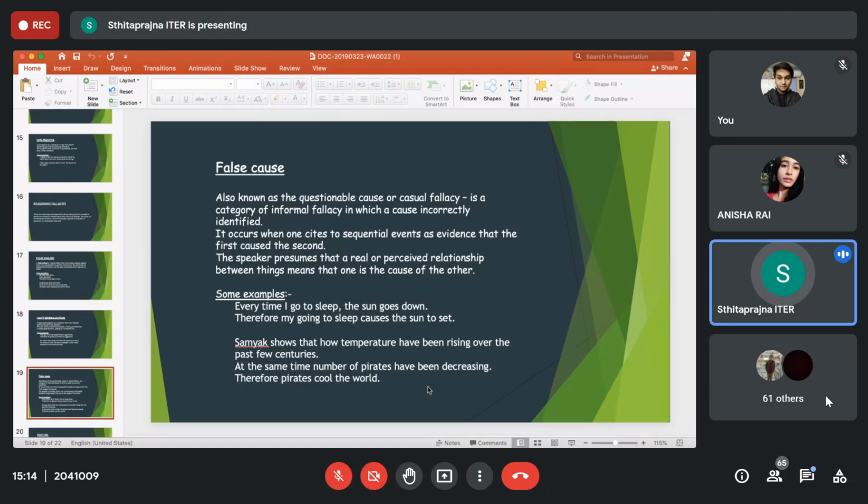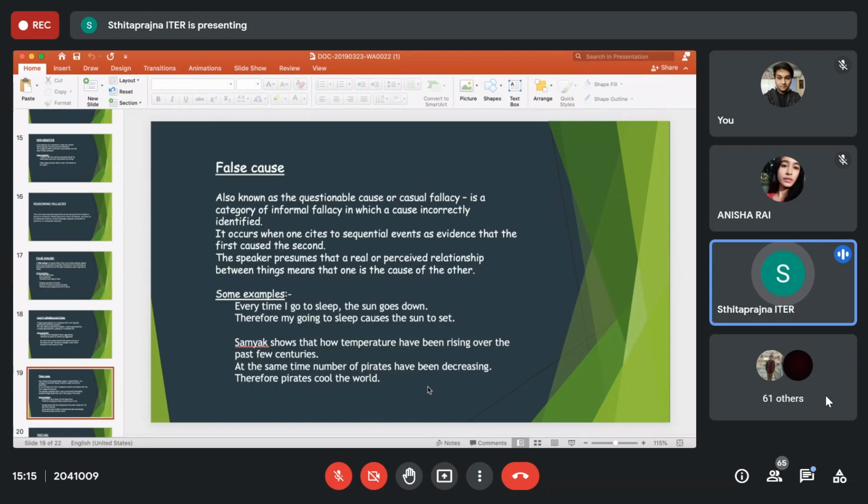False cause. The next is false cause, also known as a questionable cause or causal fallacy. It is a category of informal fallacy in which a cause is incorrectly identified. It occurs when one cites two sequential events as evidence that the first caused the second.